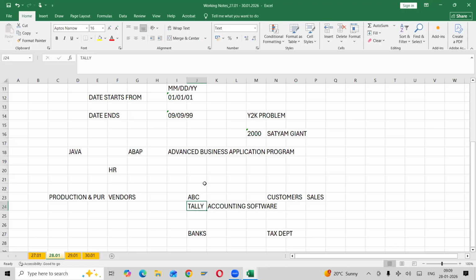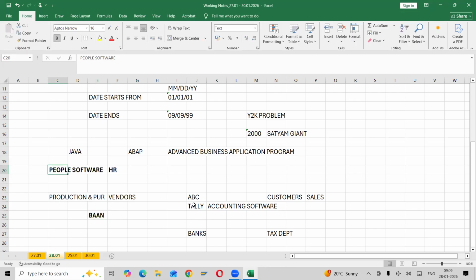Whenever I am doing purchases, my vendor is using a software called BAN. This is also a software. My HR department is using PeopleSoft, one more software. They are using BAN and PeopleSoft, and my company is using Tally accounting software.